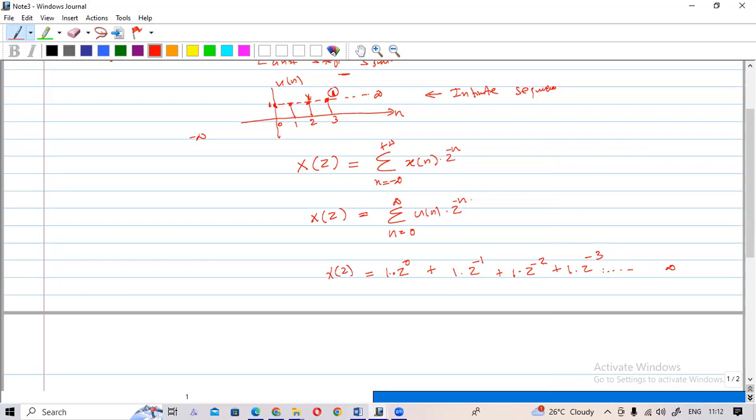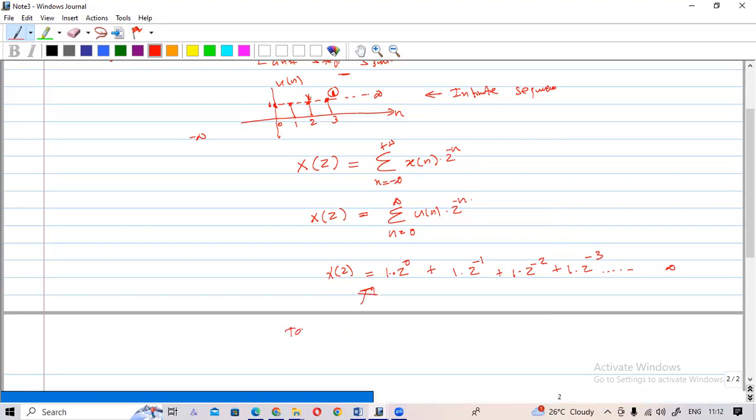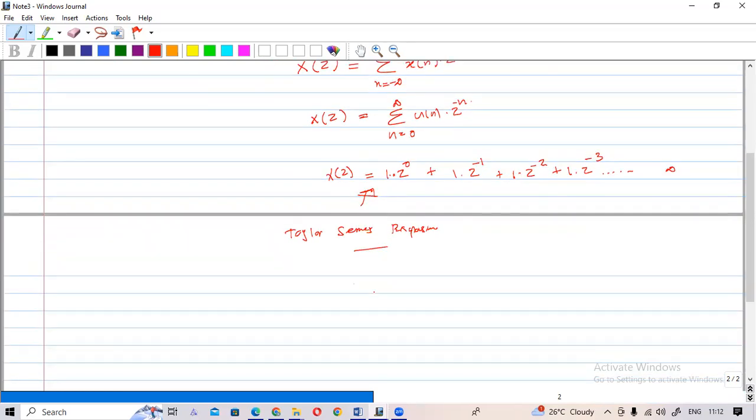So you have an infinite power sequence, okay? We can get a compact answer for this kind of sequence using Taylor series expansion. We have seen this previously when we were finding the Fourier series, Fourier transform.